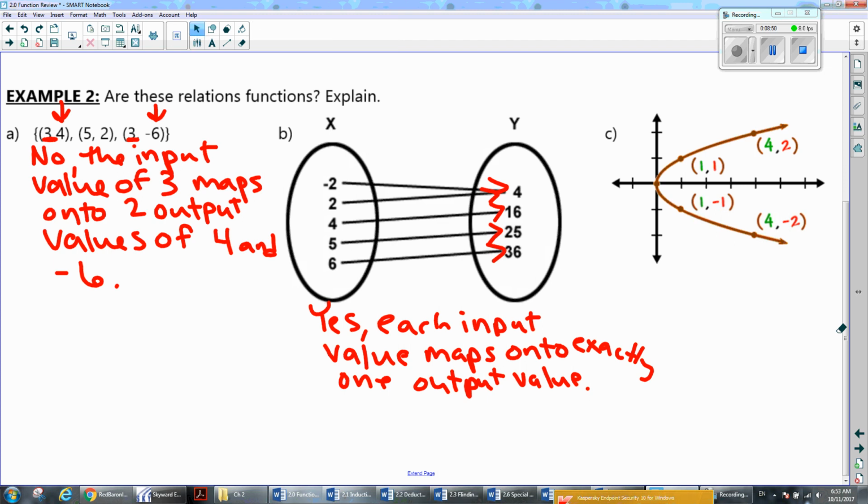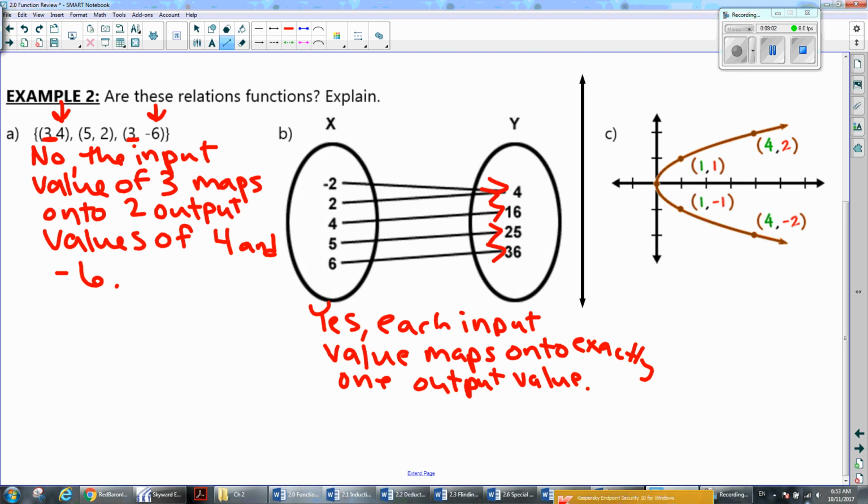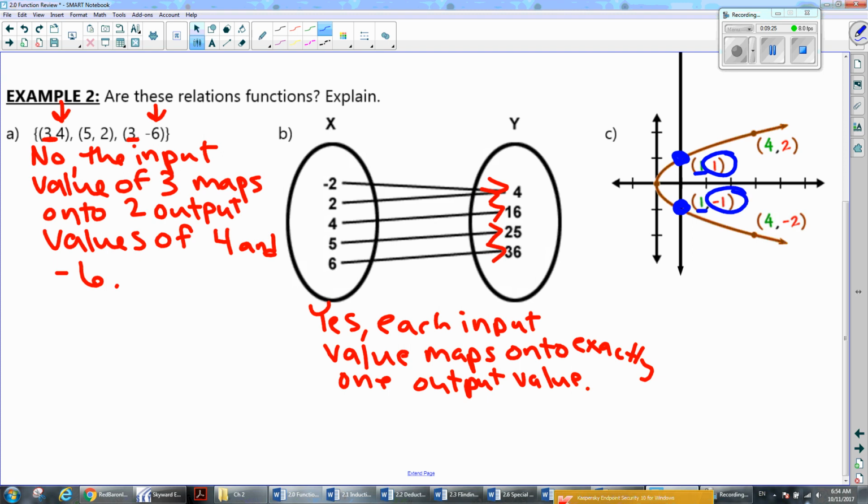And this last one, we talked about something called the vertical line test. If we use a vertical line and drag it across the graph, is there anywhere on this graph where the points hit the line more than once? So here, these points have the same input value, but they're giving 2 different output values. So that's what makes it not a function.